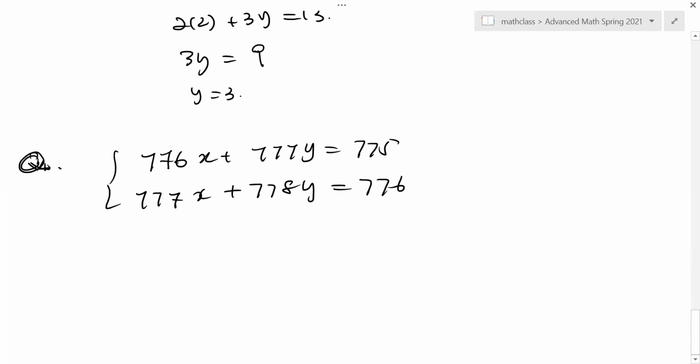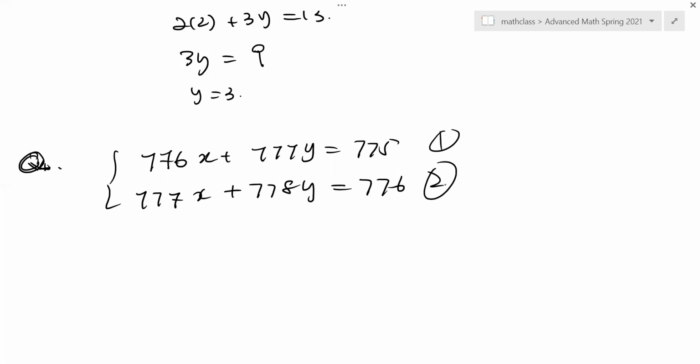You cannot use substitution. You cannot use the elimination method directly. So what I'm trying to do is to get a simple relationship between x and y. Okay, that's equation 1, equation 2. Okay, let's try.